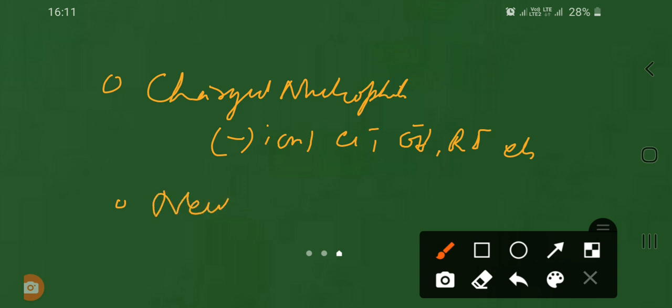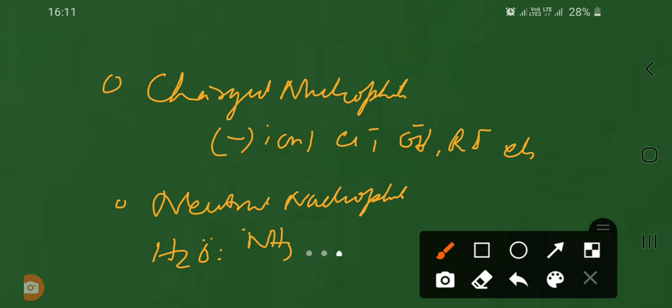Next, neutral nucleophile has no charge but is electron rich. The covalent molecules in which the central atom has a lone pair of electrons, like water and ammonia, are neutral but electron rich, and therefore they are categorized as nucleophilic reagent.